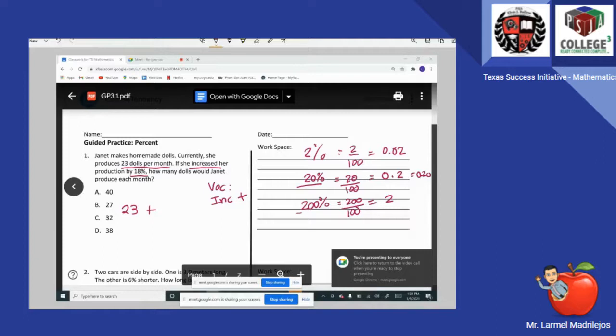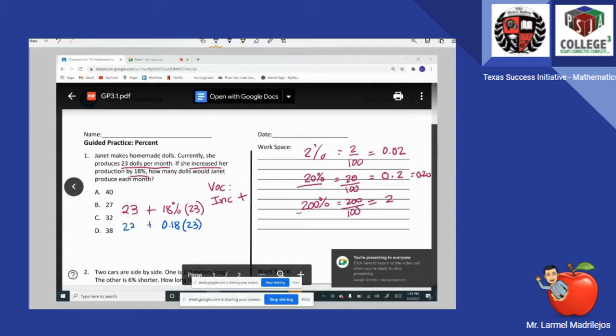per month. So 18% of this number here, which is 23. So that's how it's going to be. Let's solve this. This number here is 0.18, and this is 23.